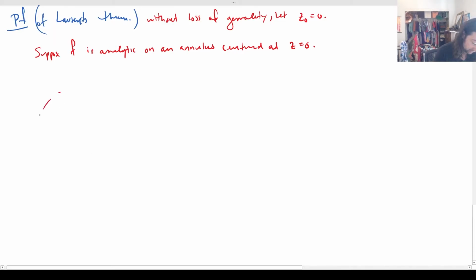So we have some outer radius, and some inner radius, and right in the middle of that is 0, and we're assuming that f is analytic in the interior of the annulus here. The first thing we're going to do is use the Cauchy integral theorem. We're going to pick some z in the annulus.